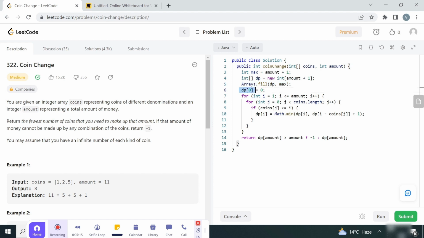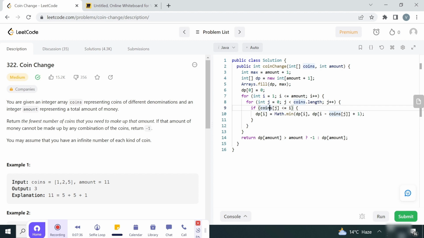Now we know that DP of 0 is 0, and for each amount I, starting from 1 less than or equal to the amount, we'll iterate over all the coins, and we will check if coins j is less than or equal to I, meaning the denomination of the coin should be less than or equal to the amount.